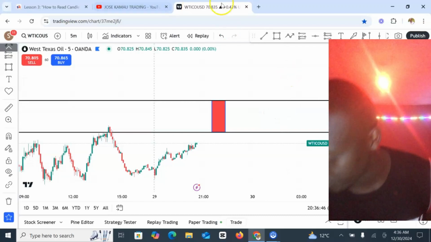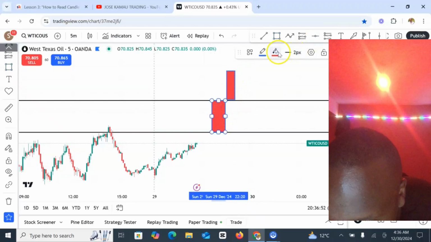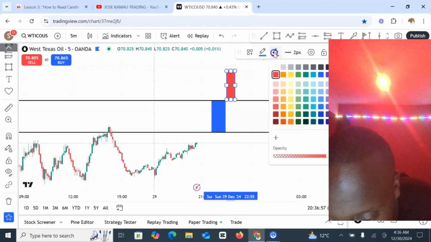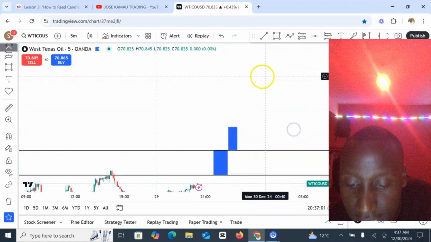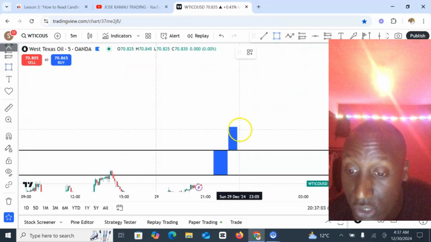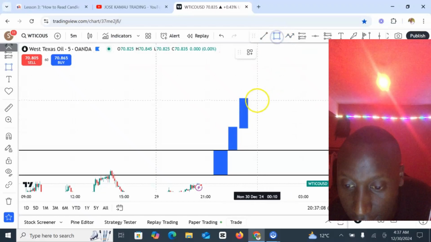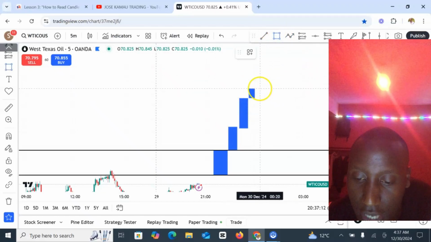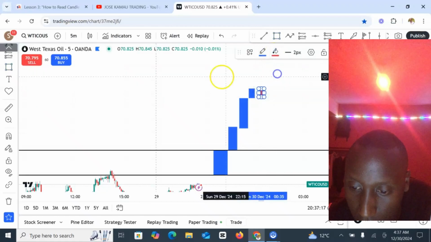Then here's the thing. If the next candle is a breakout candle, so let's use blue. I like blue because it just looks like profit. Anyway, so we have 2 blue candles like that. This is showing you price wants to go higher and it will go higher. And then you will see, all right, so now the momentum starts going down and then you have your red flag.